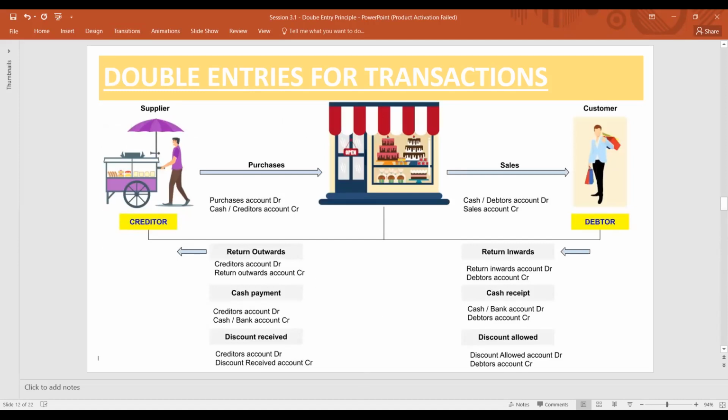I'll give a simple note after this explanation. Then return outwards means we are sending to the supplier. Double entry, creditors account debit, return outwards credit. So remember, return outwards credit and return inwards debit. Return inwards means we are getting from the customer.